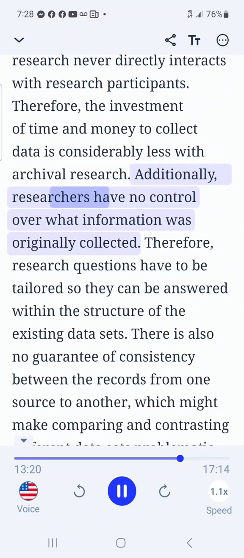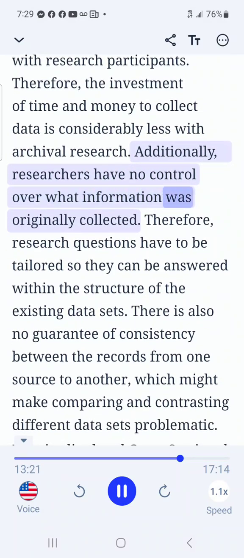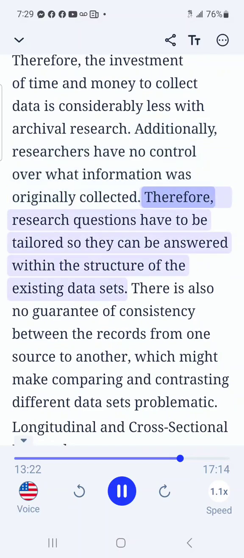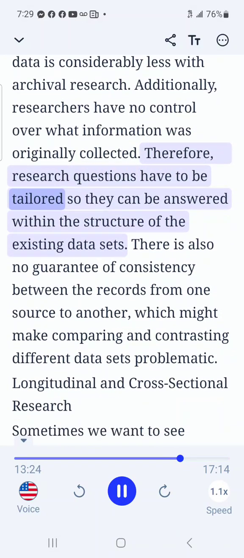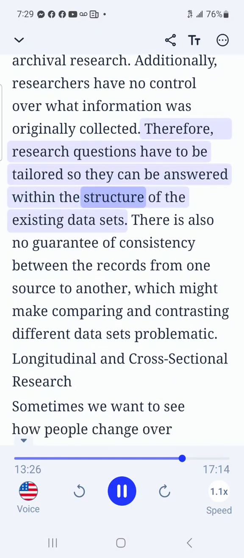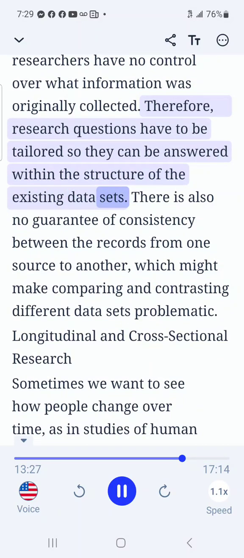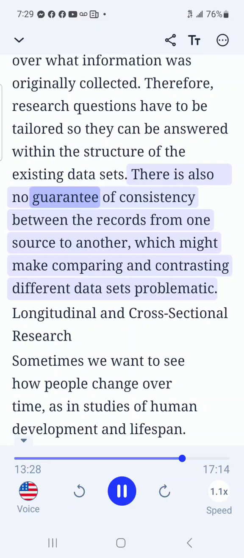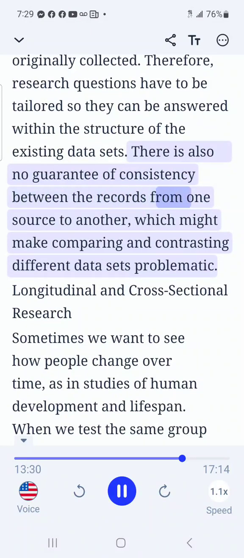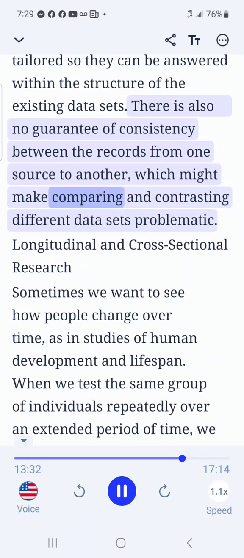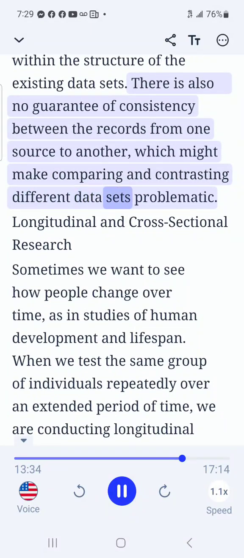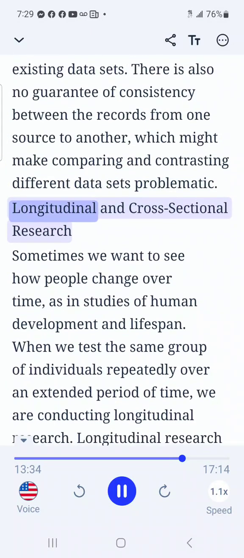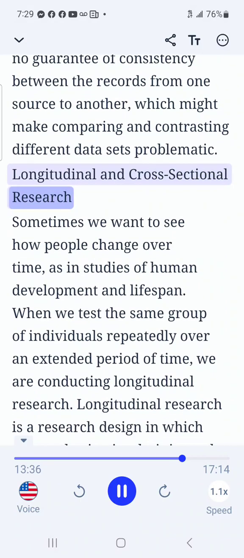Additionally, researchers have no control over what information was originally collected. Therefore, research questions have to be tailored so they can be answered within the structure of the existing datasets. There is also no guarantee of consistency between the records from one source to another, which might make comparing and contrasting different datasets problematic.